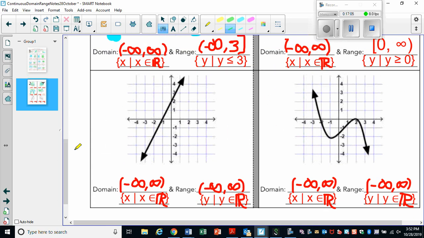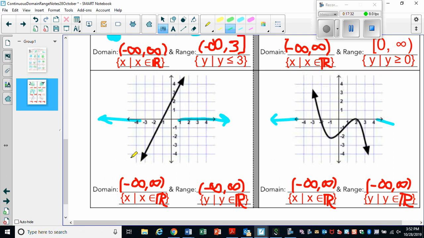These last two, in both cases, the domain will go forever and ever, so the domain's never going to stop. The range will also never stop. So for the domains in both cases, it looks like the arrows are going to stop, but they go on forever and ever.